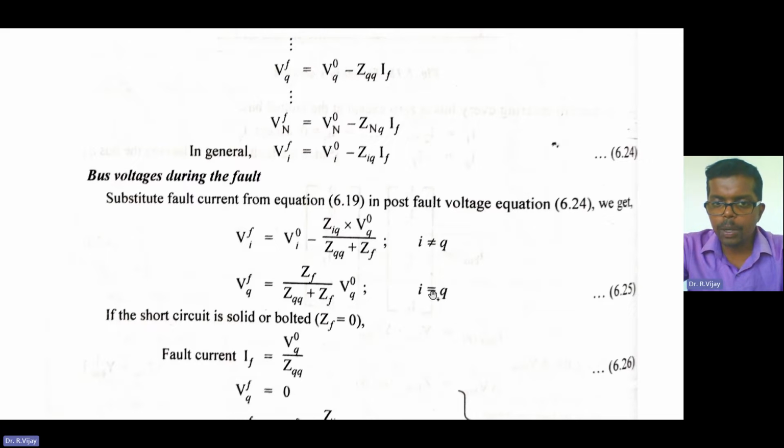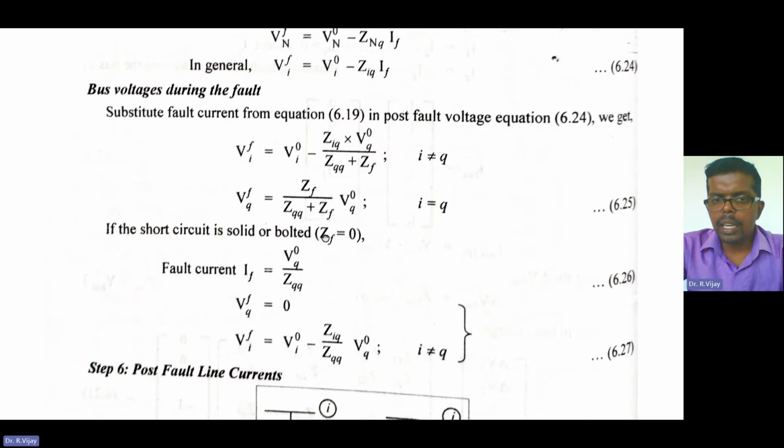If I is equal to Q, next VQ naught will be 0 in the Qth bus. If the short circuit is solid or bolted fault, then ZF is equal to 0.